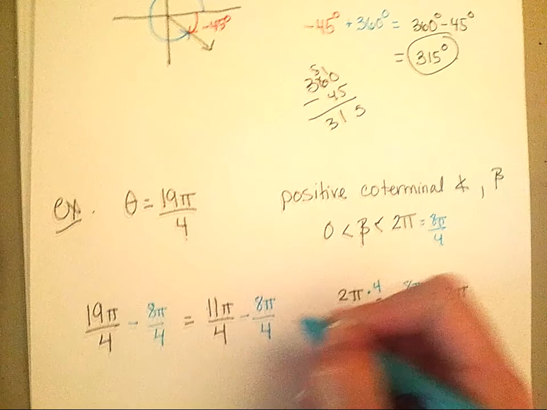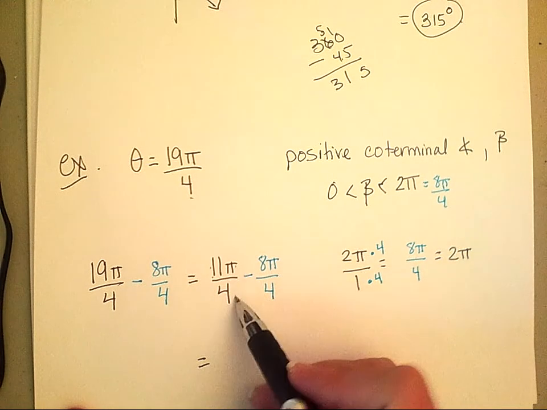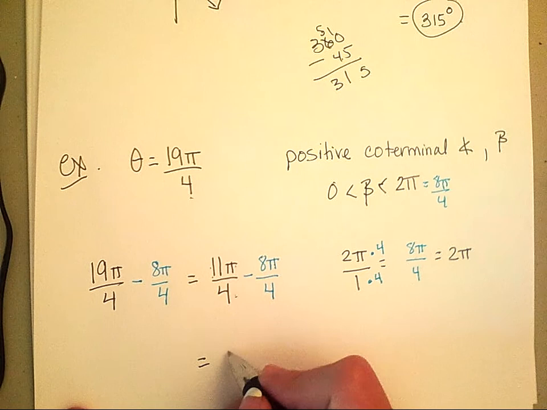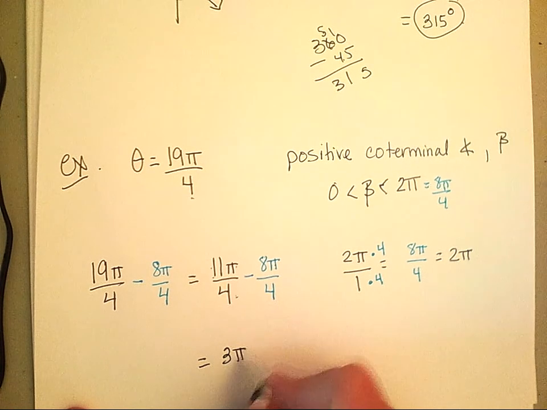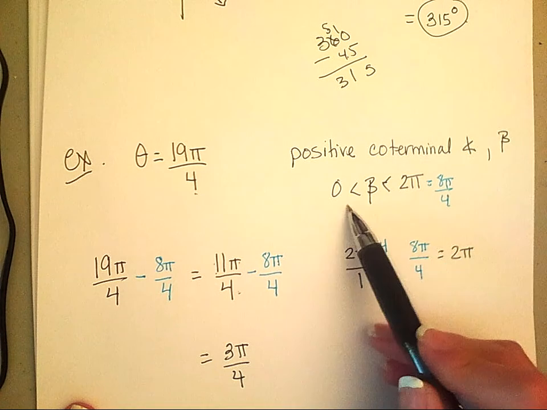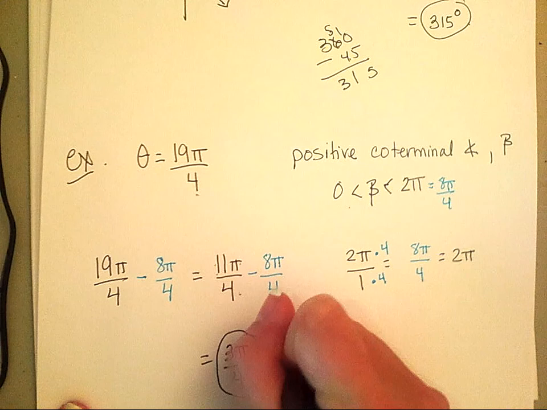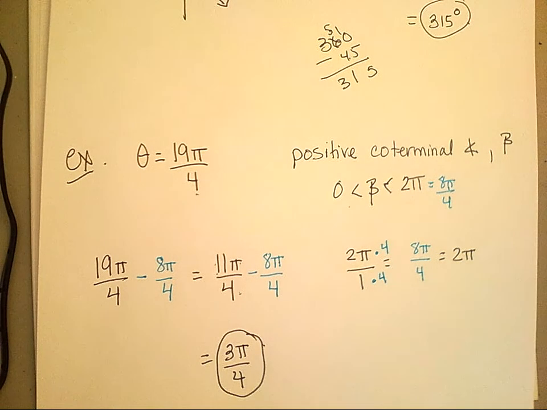So we need to subtract off another rotation. And now 11 pi over 4 minus 8 pi over 4, well, that's 3 pi over 4. And 3 pi over 4 is greater than 0 and less than 8 pi over 4.